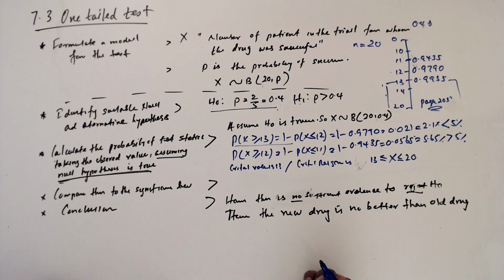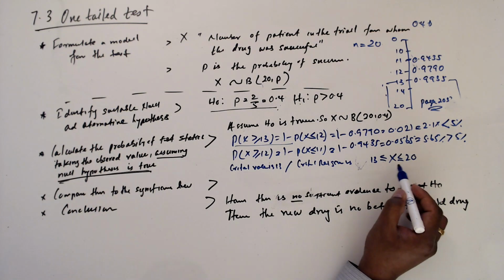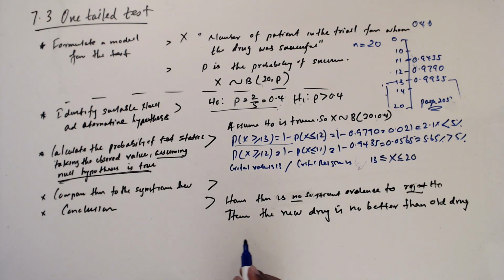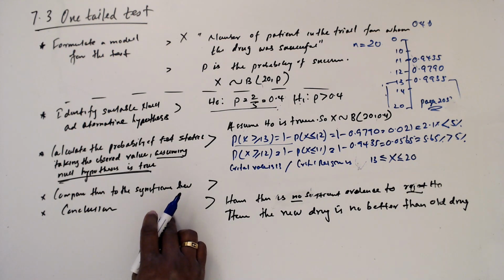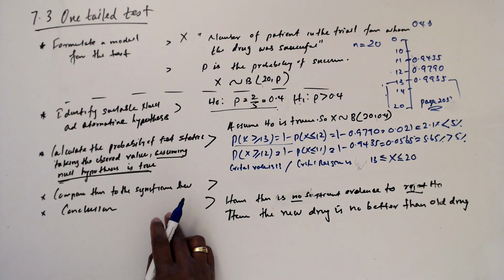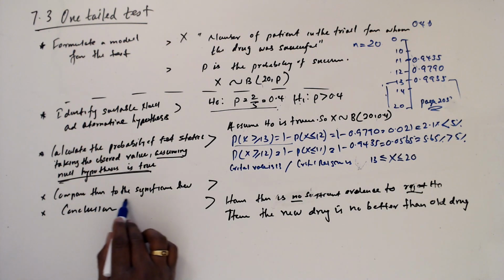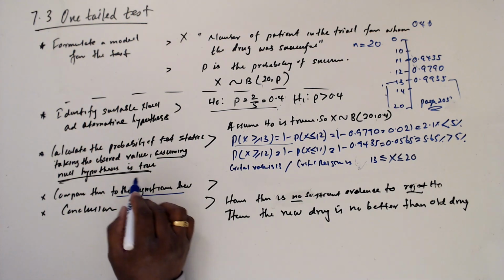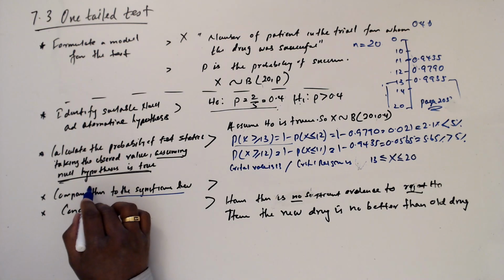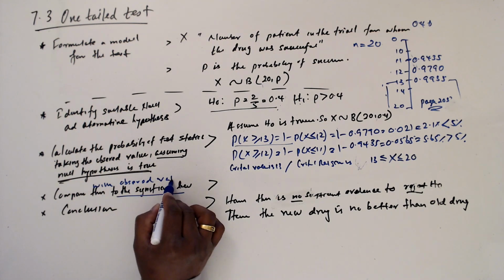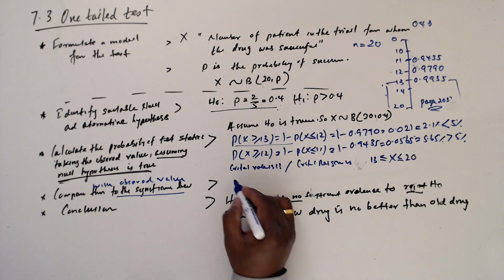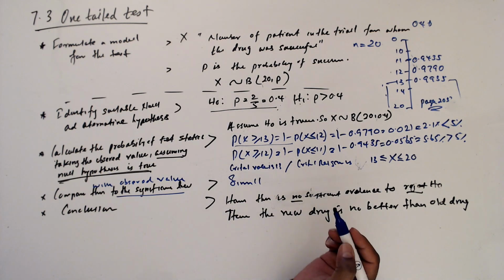Now we have calculated the critical region in terms of values. Now we want to compare with the observed value.